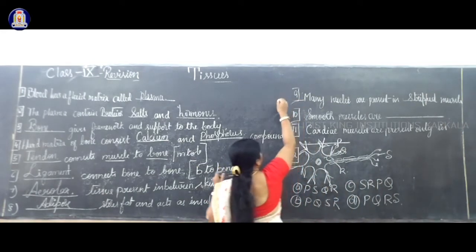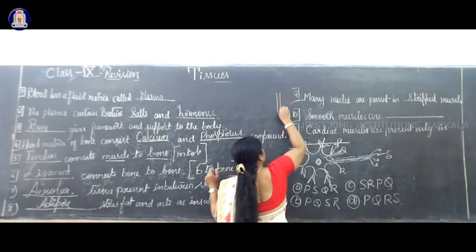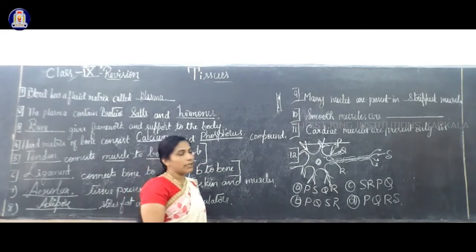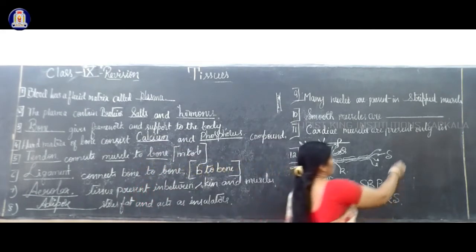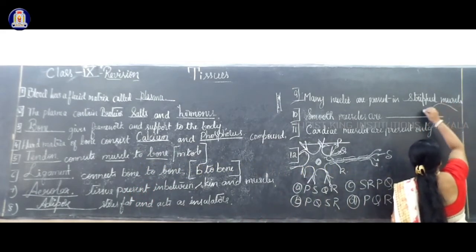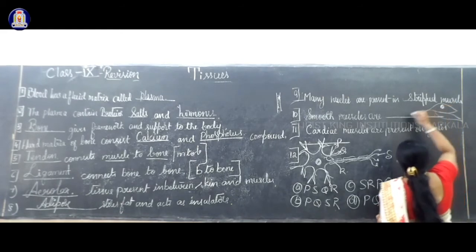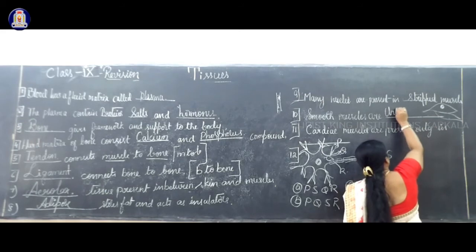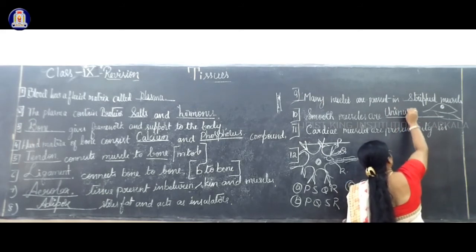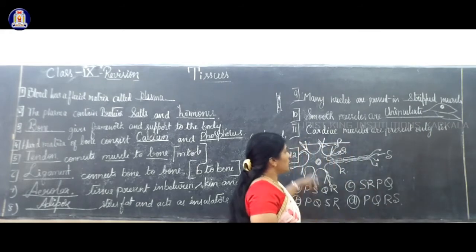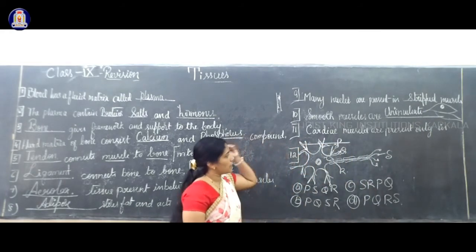For example, if you take it like this, many nuclei are present with the stripes. Next one, smooth muscles. If you find a spindle shape in structure, in this there is only one nucleus, that's why it is called uninucleate. Uninucleate, single nucleus. So these are sometimes multiple choice questions.